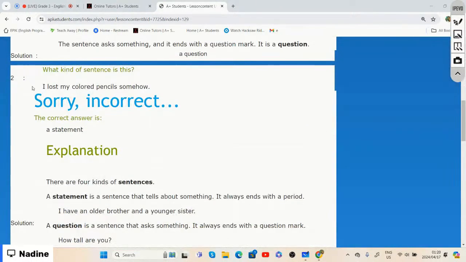I lost my colored pencils somehow. Is that a statement, a question, a command, or an exclamation?